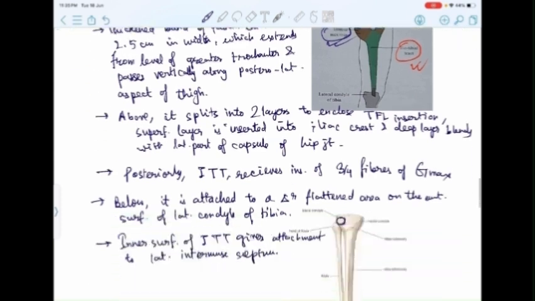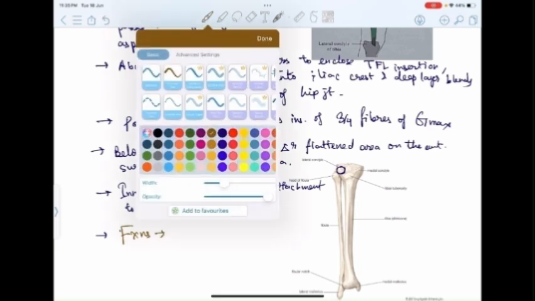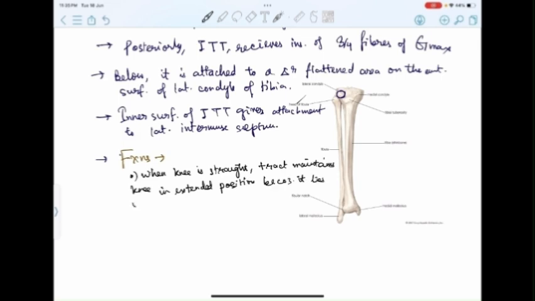Now, whenever we are discussing anatomy of something, what is important? Its functions are important. So functions is a separate heading. I'll write in a separate color. Functions. When knee is straight, tract maintains knee in extended position because it lies in front of axis of flexion.